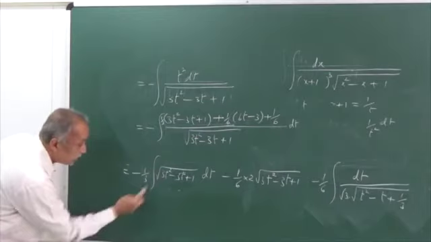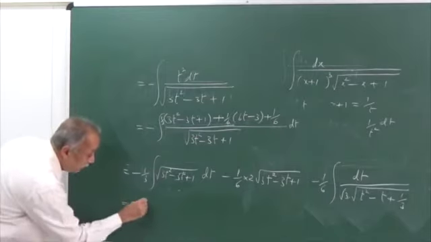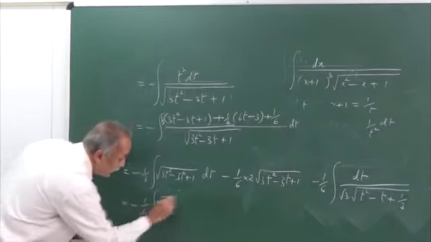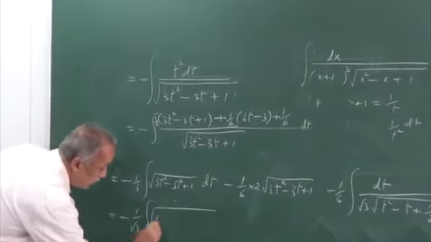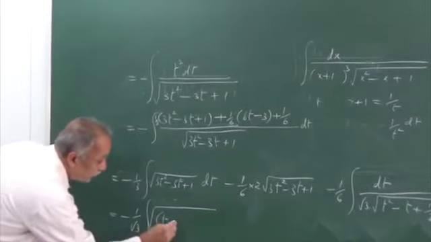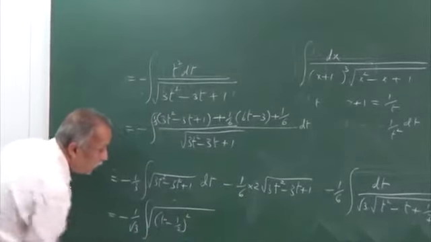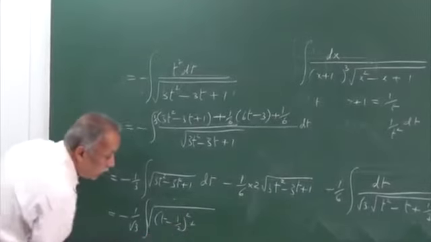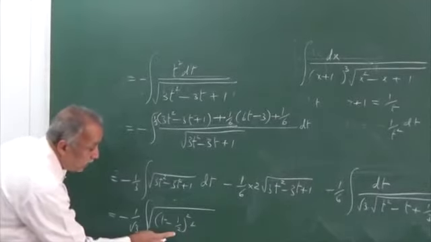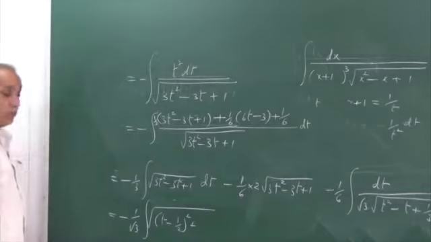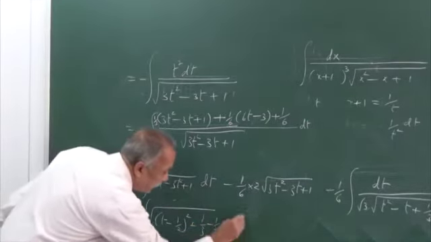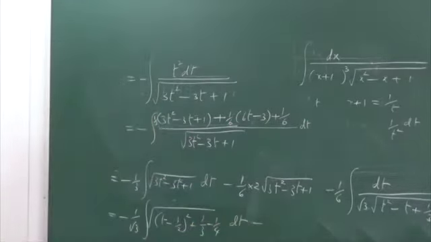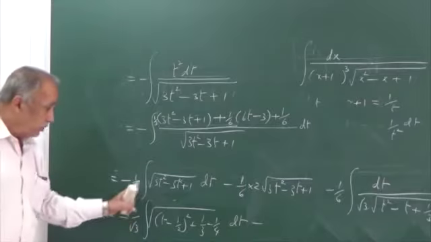This will be brought to one of those three forms. You may write this as taking root 3 outside, t square minus t plus 1 by 3. Root 3 has been taken out.